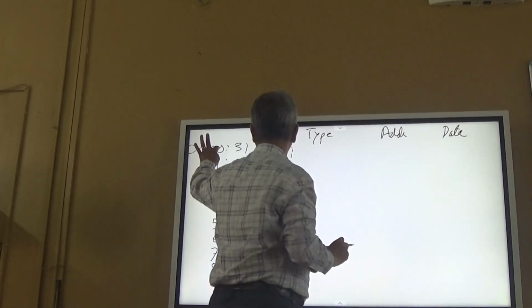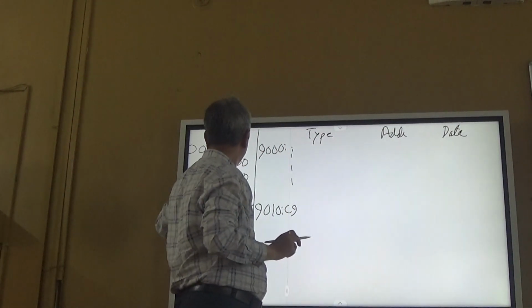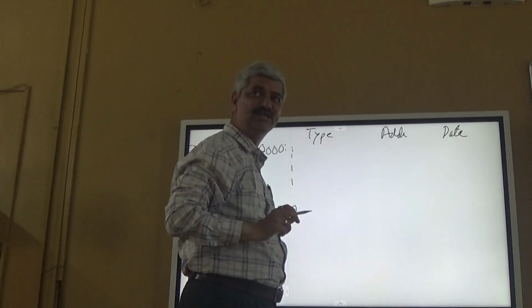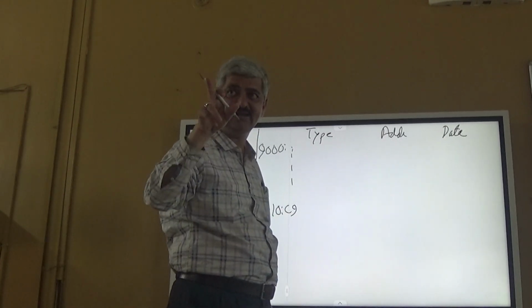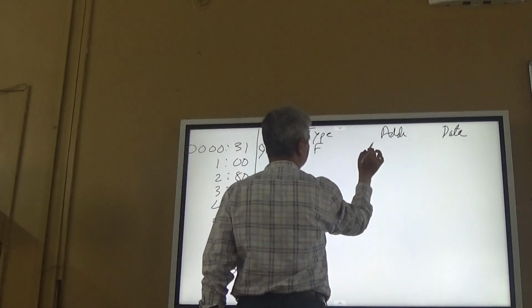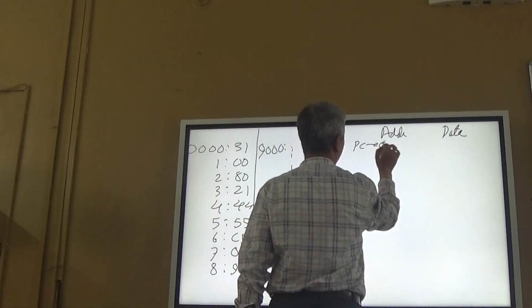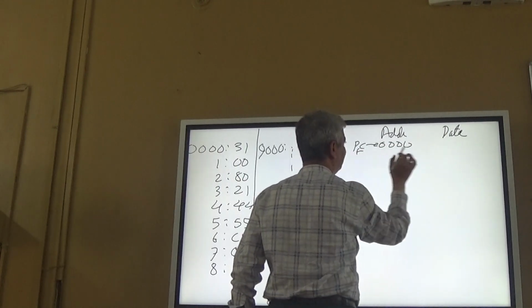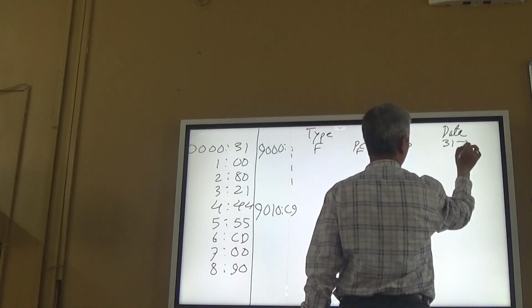I think up to 0 to 5 there is no need to write. Is it required? 0, 0, 0. Anyway, we will do it fast. Fetch, program counter giving 0, 0, 0, 0. Data is 31, that goes to IR.